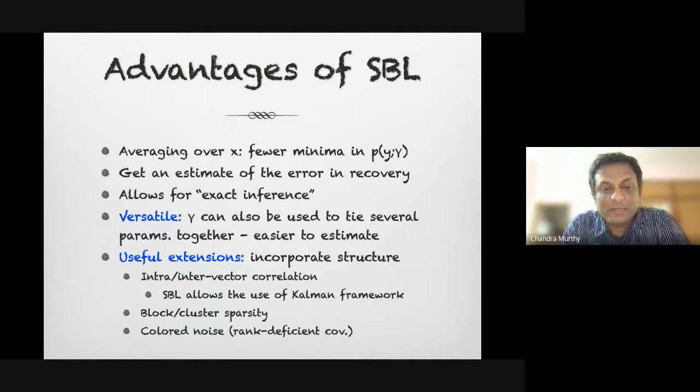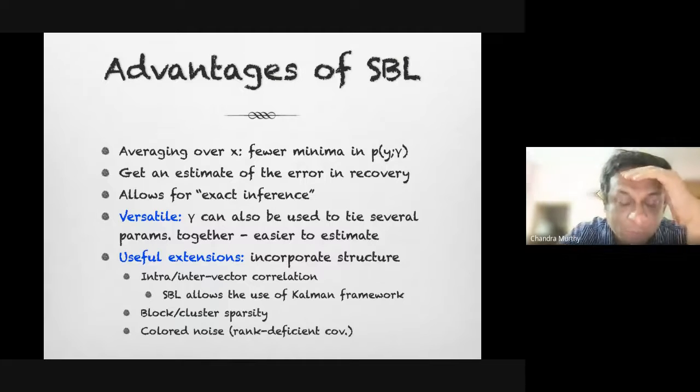And you can incorporate this kind of structure into the problem by making the gammas common across different blocks. So for example, if the first 5 entries are going to be simultaneously 0 or non-zero, that kind of structure can be accounted for by making this gamma common across the first 5 entries. And that allows you to, in fact, leverage the fact that gamma is common across 5 different entries to form better estimates of gamma and improve the recovery performance.